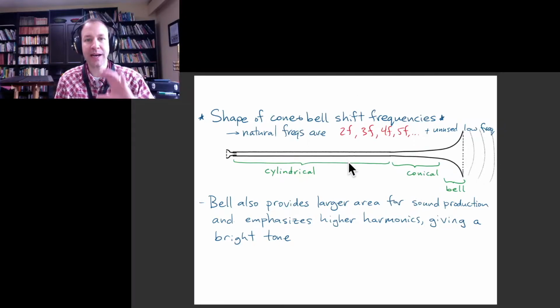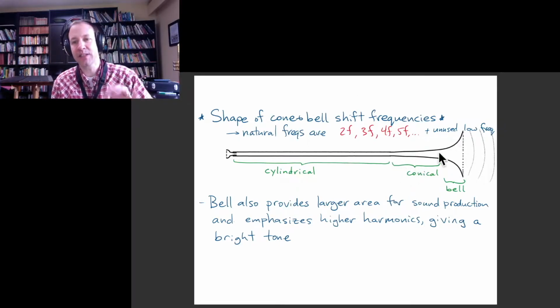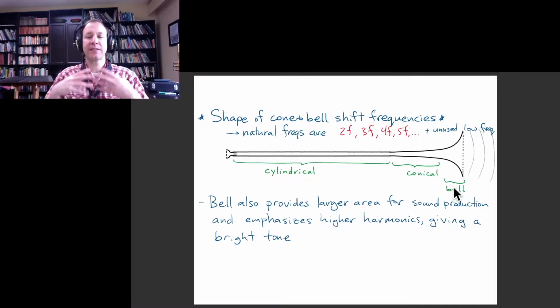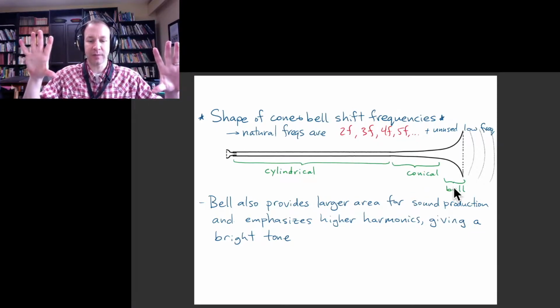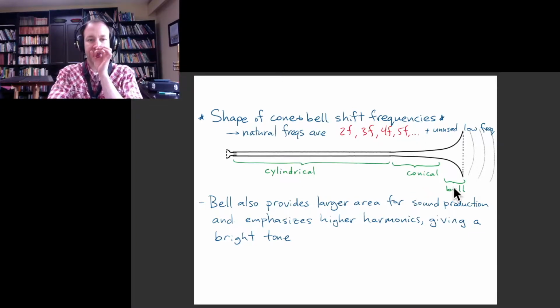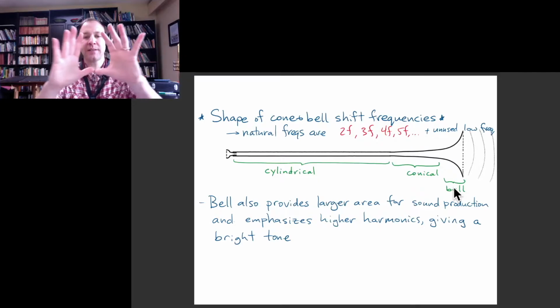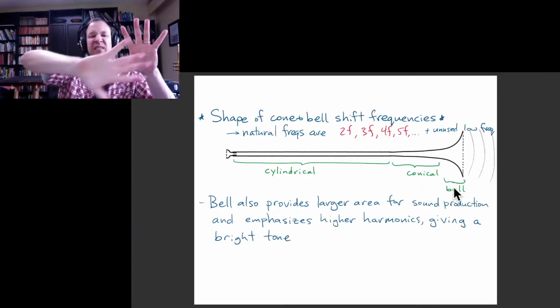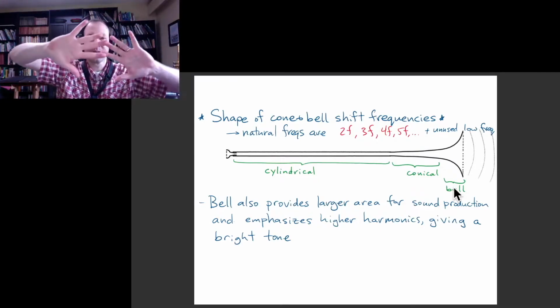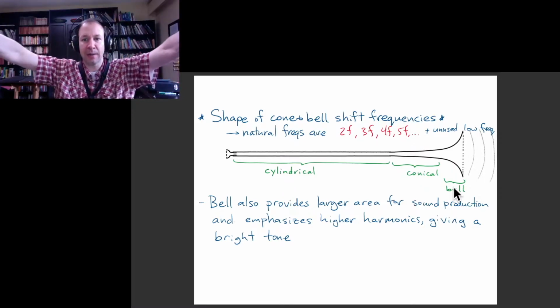And the other reason that you have this bell shape is that it just provides a larger area for sound production. So if I play just a straight cylindrical tube, it's actually not very loud. I did that in some previous videos. So you have to play pretty hard to make a reasonably loud sound. Whereas when your tube flares outward, there's just quite a bit more area which is open to the air.